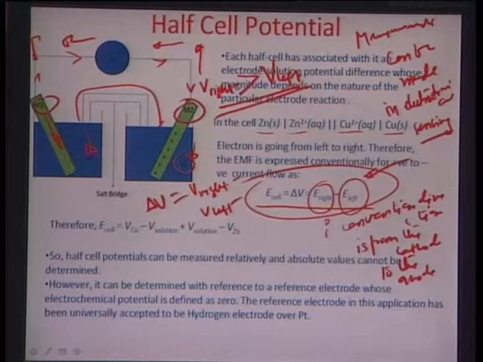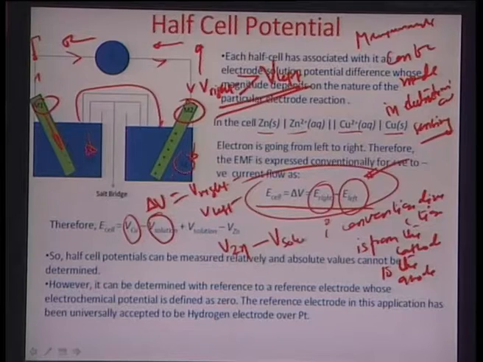If we consider what the E right or the V right is, it is nothing but the voltage provided by the copper minus the voltage of the sulphate solution S2, and similarly V left is the voltage provided by the zinc minus the voltage of the zinc sulphate solution.